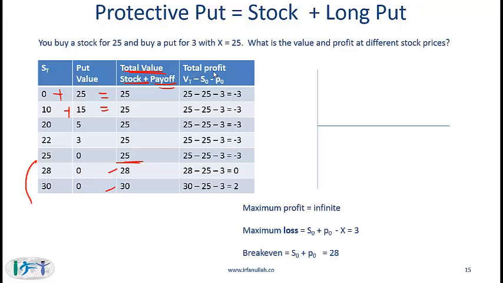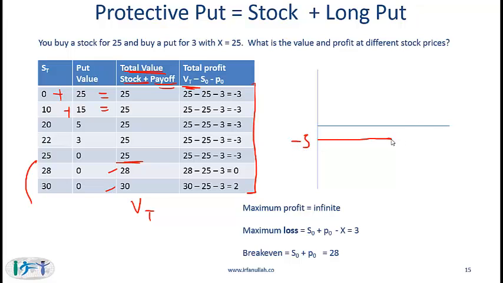The total profit, as I just described, is the value at time t. So that's this column over here, minus the initial stock price, which is 25, minus the amount paid for the put. And here are the numbers for the total profit. The total profit has a floor of -3.